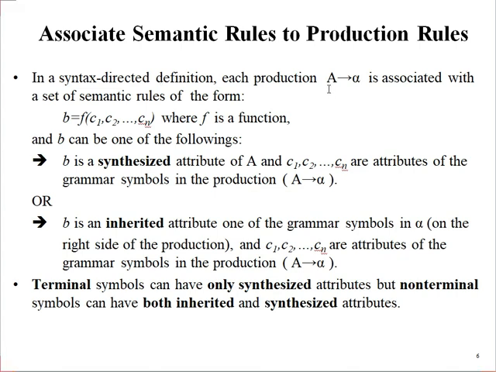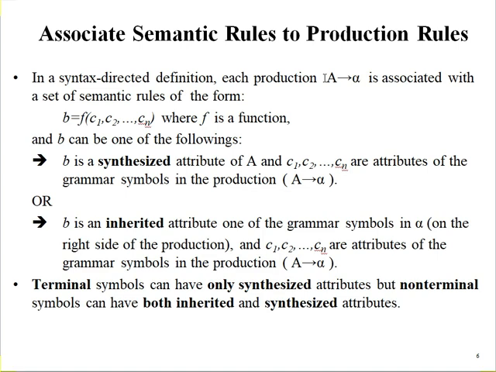If we have a production rule defined as A derives alpha, and we want to associate a semantic rule to this production rule, we can do so by attaching a possible attribute, synthesized or inherited, to each grammar symbol used in this production rule A derives alpha.